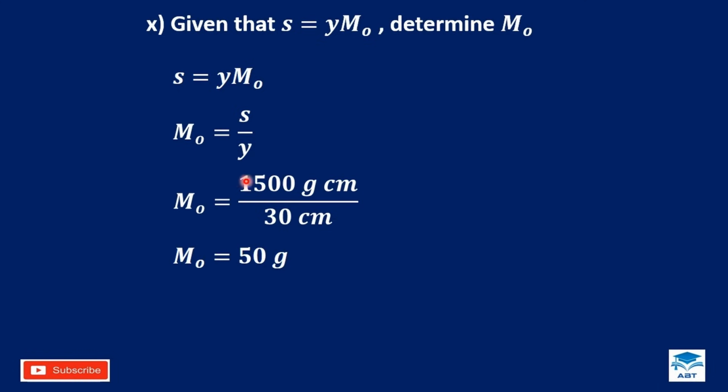So we divide 1,500 by 30, and we have 50. Centimeters will cancel out, and the unit is grams. So the answer should be approximately equal to the mass M naught used for the experiment.